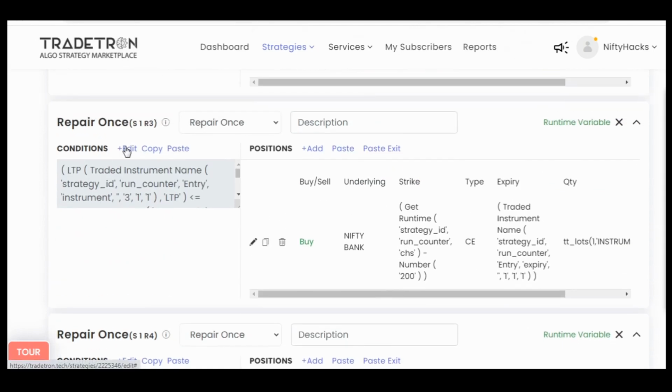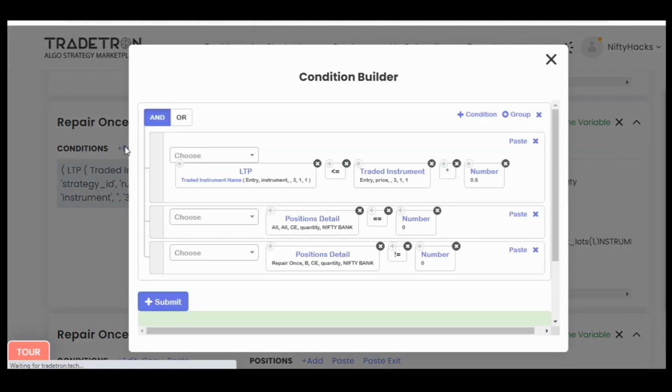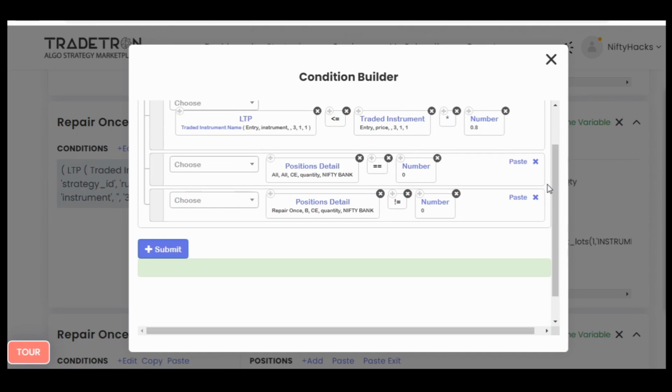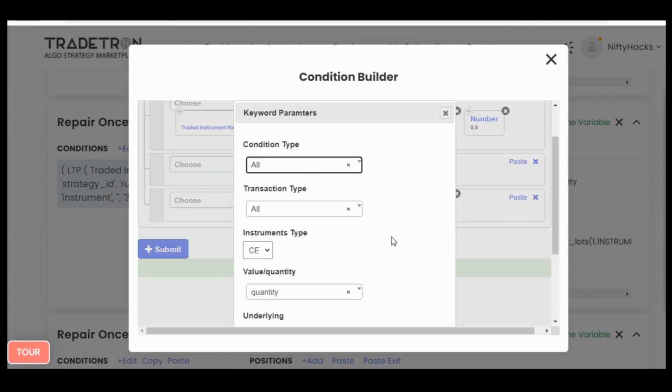So this is RO3, repair ones 3 of set number 1, which basically checks whether the short straddle call has decayed 20% or not. This is to check that the LTP of the short call price is less than 20% of its entry price, and we need to check that there is only one sell call leg and only one buy call leg, or what we call the hedge leg, right?